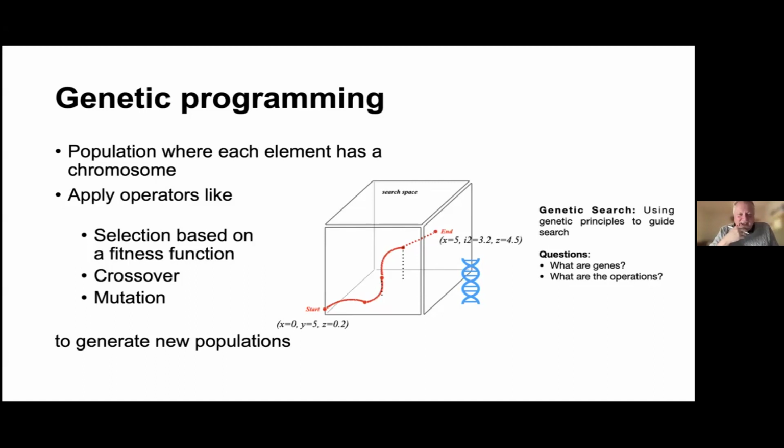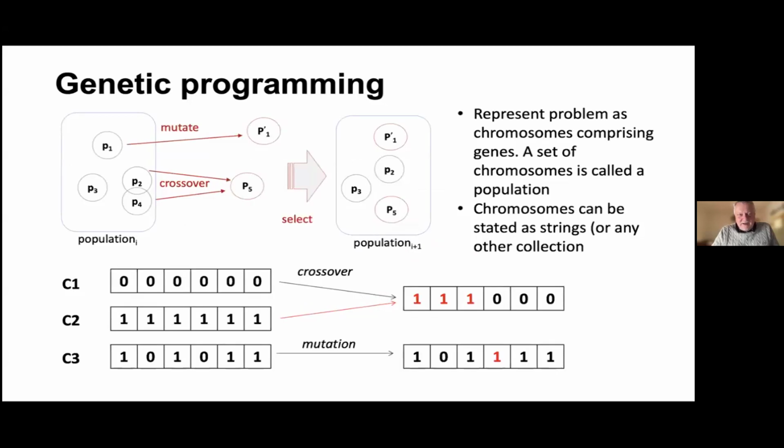Then there are selection operations based on fitness functions. Some elements of the population have a higher fitness value than others, and via crossover and mutation we can change that, leading to new populations. The fitness function is then used to steer this process into an area where we have an optimized outcome.